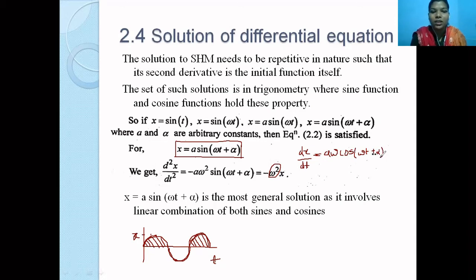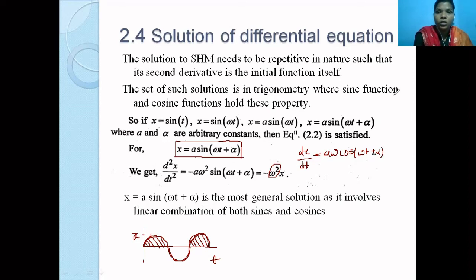Okay, so this x is equal to a sine omega t plus alpha is going to be the most general solution, as it involves a linear combination of both sines and cosines, and sines and cosines are what we require to define a function which is repetitive in nature, which is also the second derivative of its initial function, and where this omega square comes out as a constant, and remains in the second derivative of the function also.